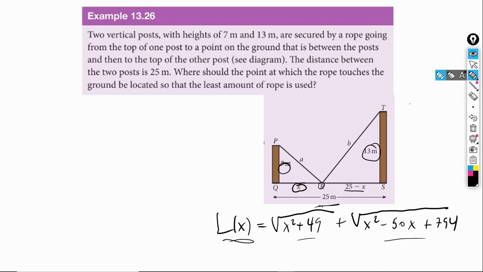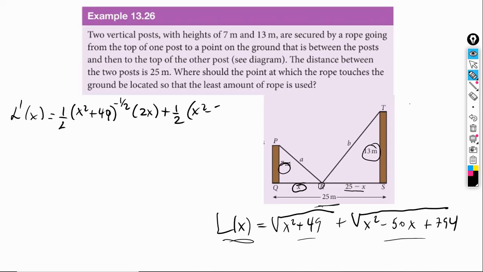So we can write the derivative as being equal to 1/2 times the inside, x squared plus 49 to the power of negative 1/2, times the derivative of the inside, so 2x, plus 1/2 times x squared minus 50x plus 794 to the power of negative 1/2, and let's not forget to multiply by the derivative of the inside, so this multiplied by 2x minus 50.